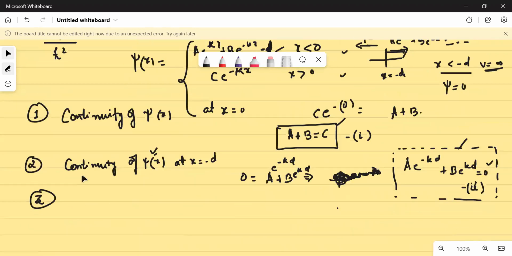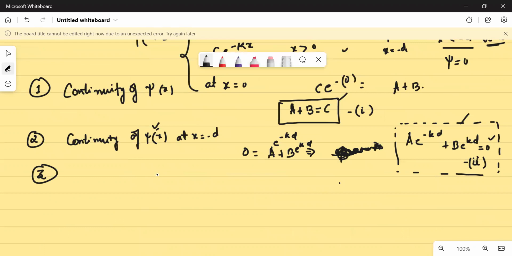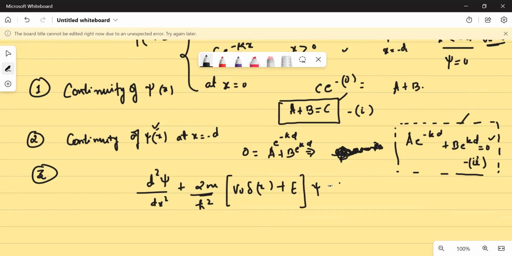If there is a mistake, then we'll not be able to solve it afterwards. So this is minus h bar squared over 2m, and then you had, I think, V naught Dirac delta of x, and then I had plus E, and then I had psi, and then I had 0.